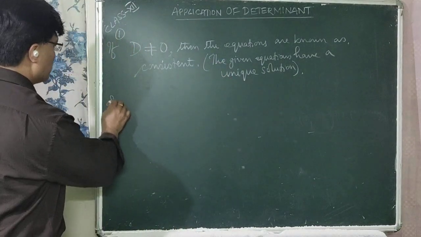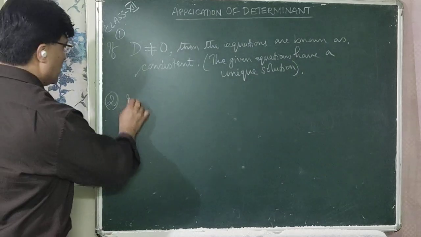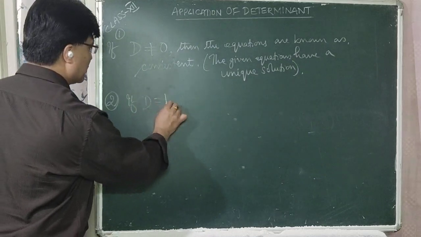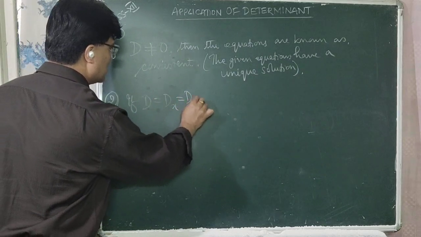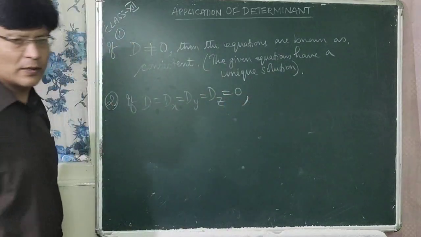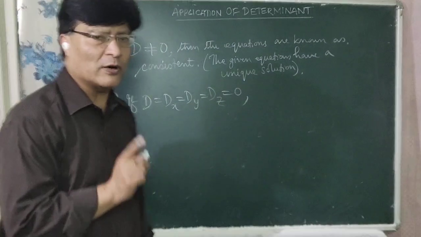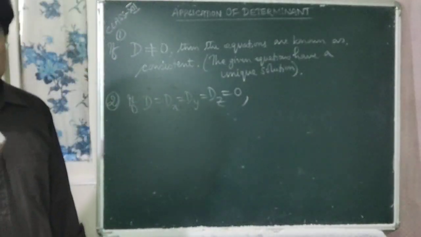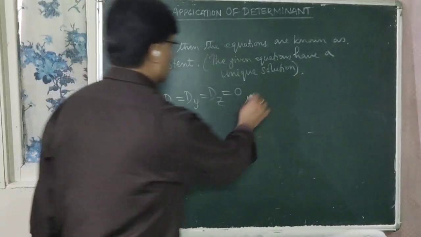Okay. So number 2, if d is equal to dx is equal to dy is equal to dz is equal to 0, then the given system of equations have infinite number of solutions.